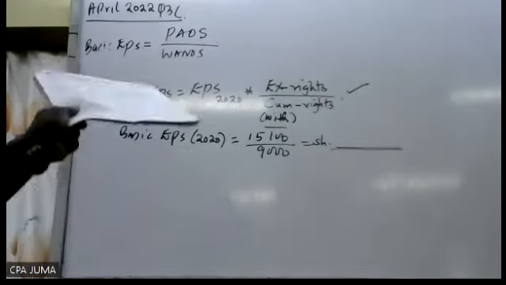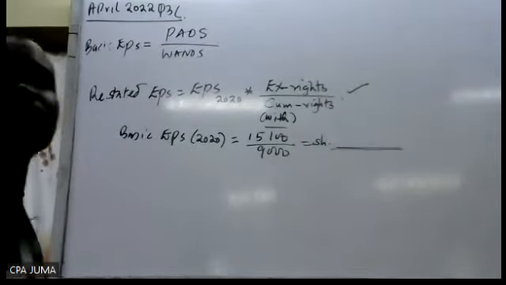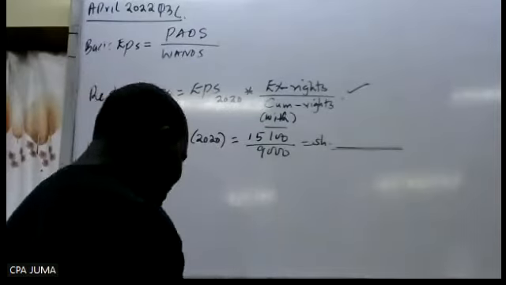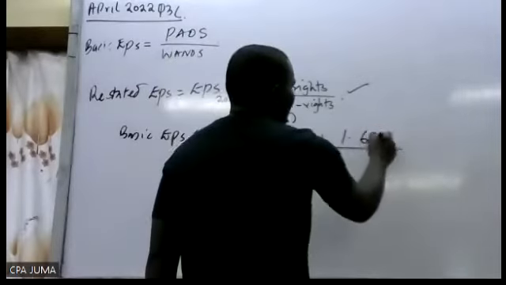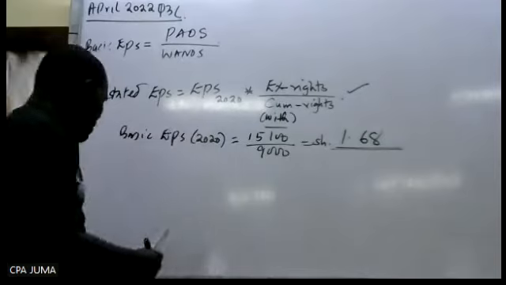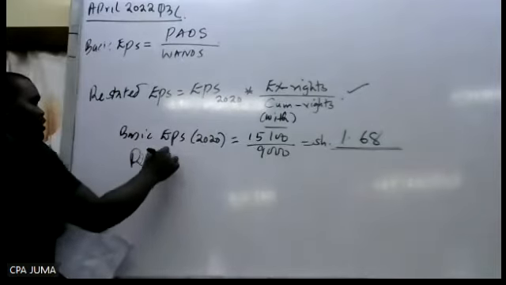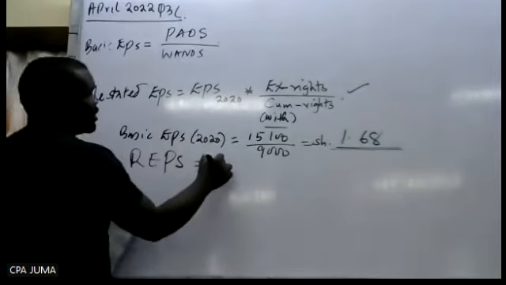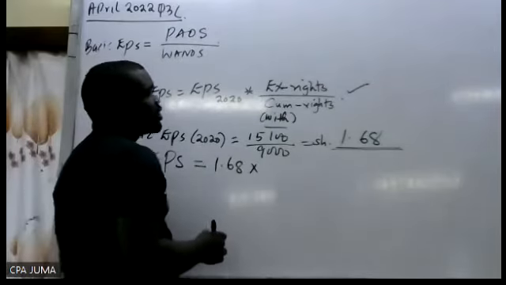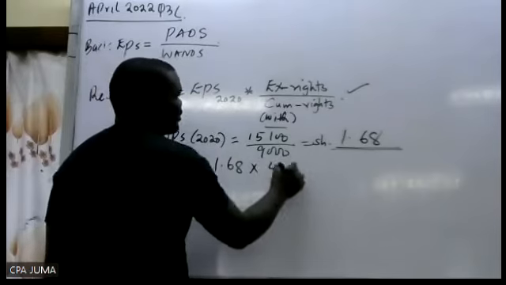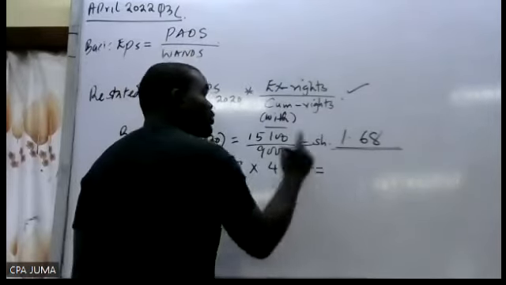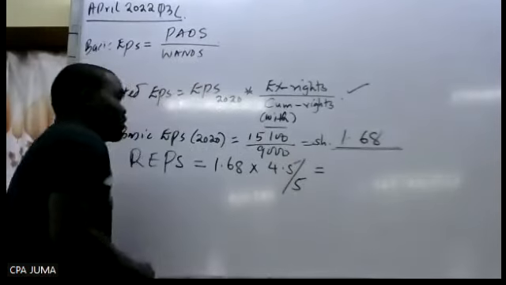So that's why. So this is 667. Wow, 1.68. Bring it here. So restated EPS will be 1.68 times X rights price which was 4.5, divided by CAM rights price which was 5, not 2. 2 was the exercise price.